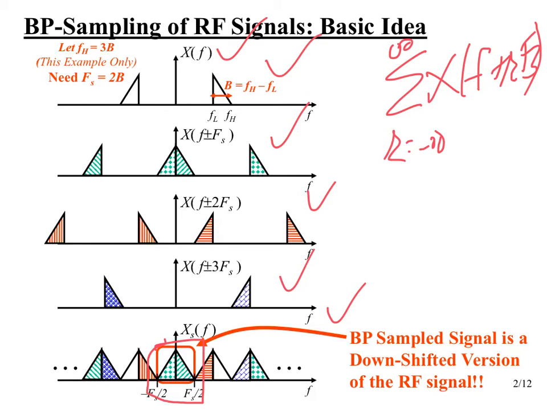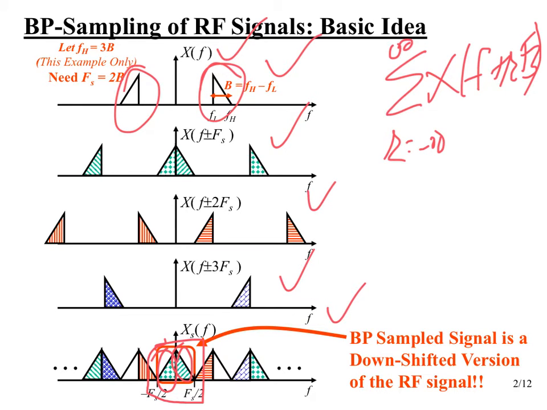So what we see is that even though we've sampled this not twice the highest frequency but twice b, we get what's called a bandpass sampled signal, and it looks like a downshifted version of the RF signal. So we've got the upper band here, and we've got the lower band here, or the negative frequency band here.